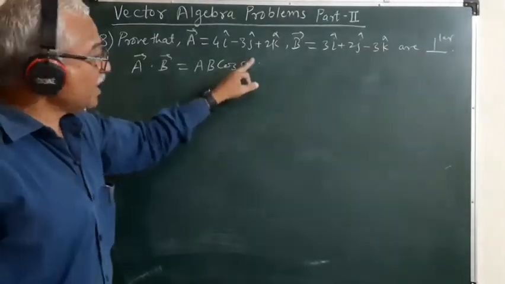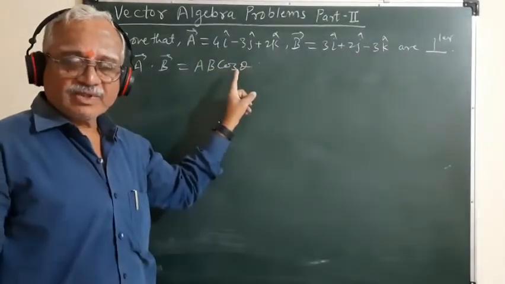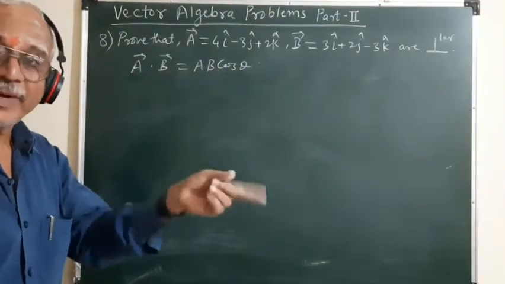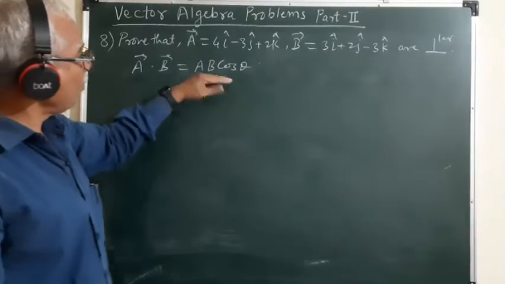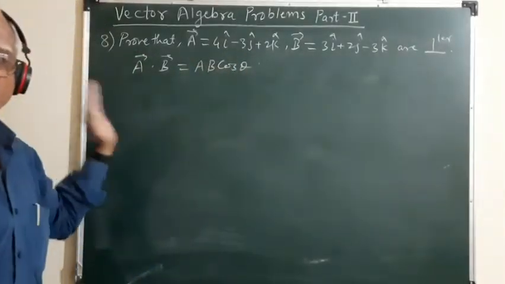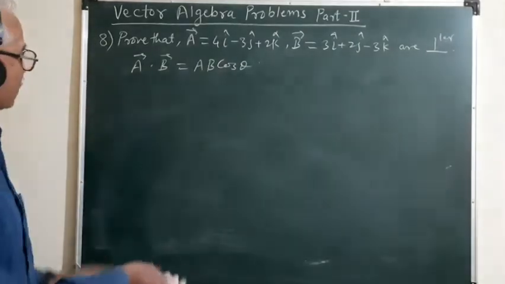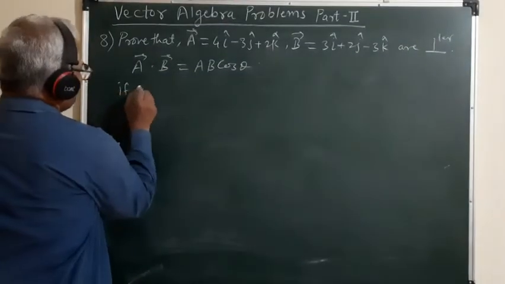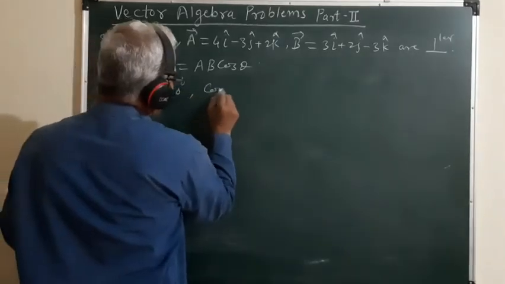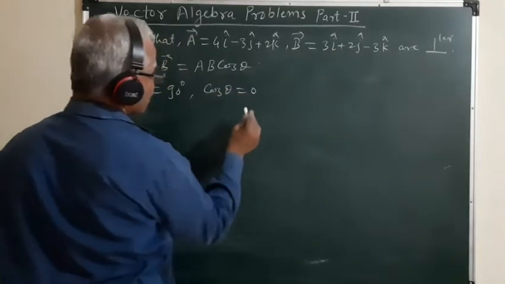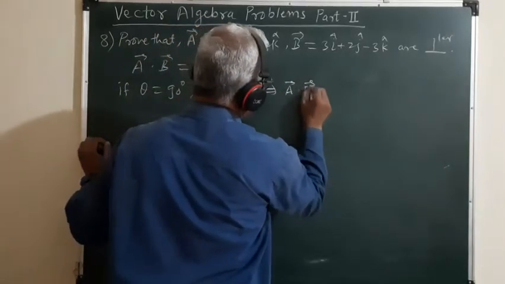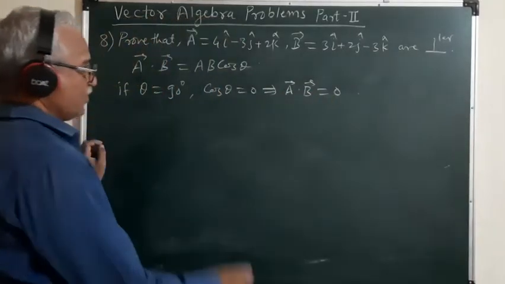But if theta is equal to 90 degrees, that is, the two given vectors a bar and b bar are perpendicular to each other, the value of cos theta will be equal to 0, so the dot product of the two given vectors will be equal to 0. So if theta is equal to 90 degrees, cos theta works out to be 0, and this implies a bar dot b bar is equal to 0.